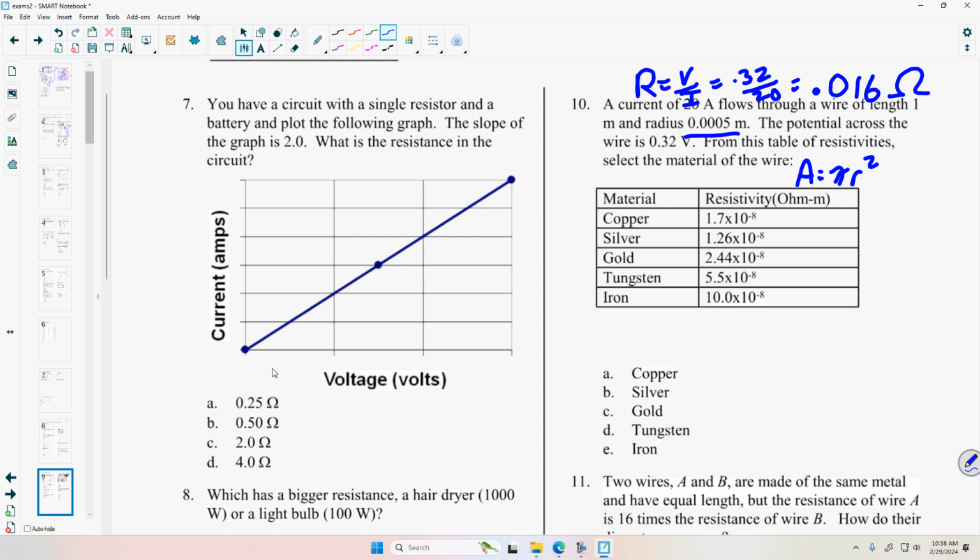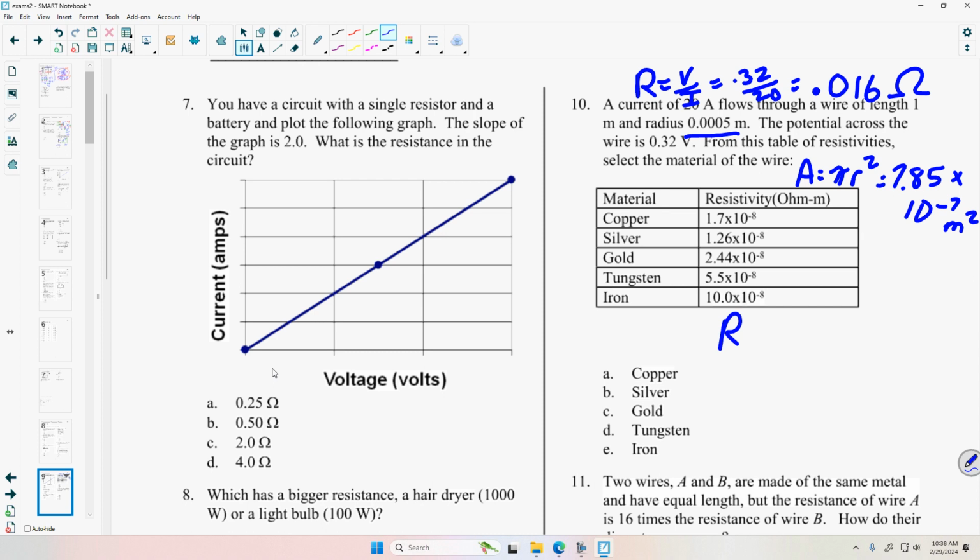And so I get the area is equal to 7.85 times 10 to the -7 square meters. All right, so that's my area. Usually on these questions, I give you the area, but I didn't in this one. Just make sure you read it carefully. Do I give you the area or the radius?